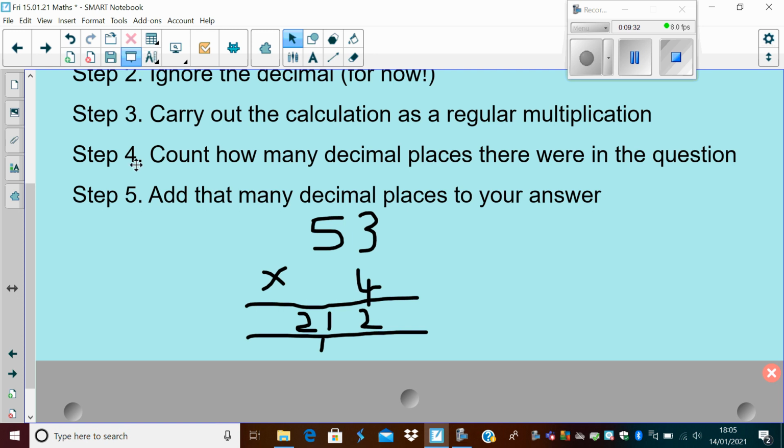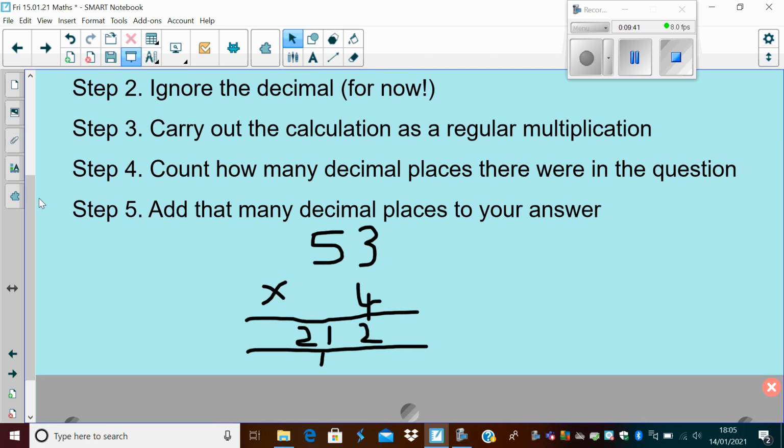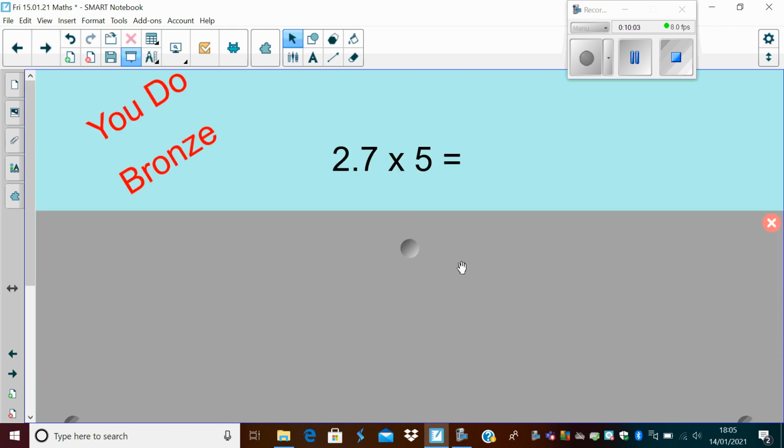That's because step 4 was count how many decimal places were in the question. Can you remember? It was 1. And step 5 is add that many decimal places to your answer. So I'm going to do it in red, and I'm going to count back 1 decimal place, put my decimal point in, and of course my answer is now 21.2, which is a little bit more than 20. Let's try it with the next one. You can do this now. This is what the bronze questions are going to be like this morning.